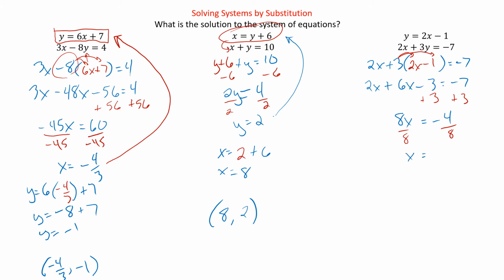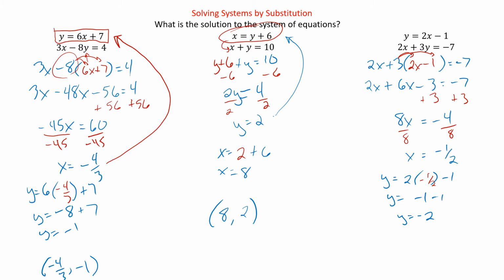So x equals -4 over 8, which is -1/2. All right, let's plug that into the top one. Y equals 2 times x minus 1, where x is -1/2. 2 times -1/2 is -1, minus 1, so y equals -2.